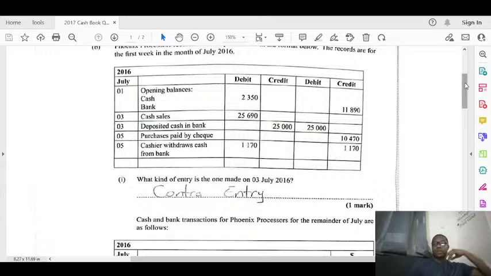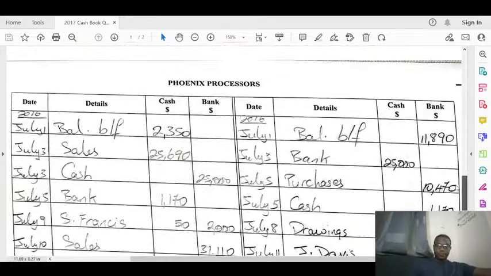A bank overdraft is when the bank allows you to withdraw more money than what you have in your account. And so it will reflect on the credit side of the bank account. The bank overdraft will always be on the credit side of the bank account. So there it is, opening balance is 11,890.